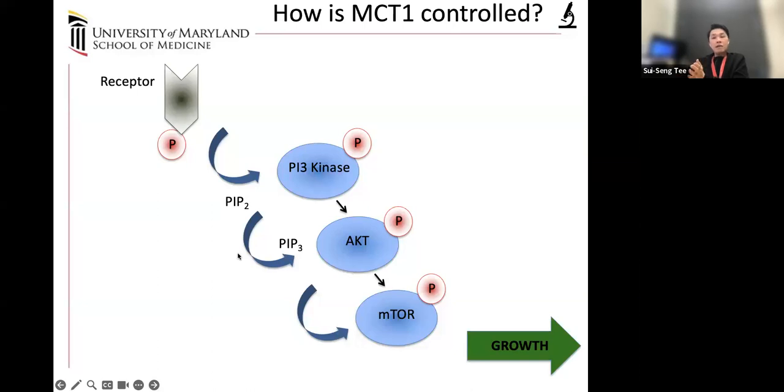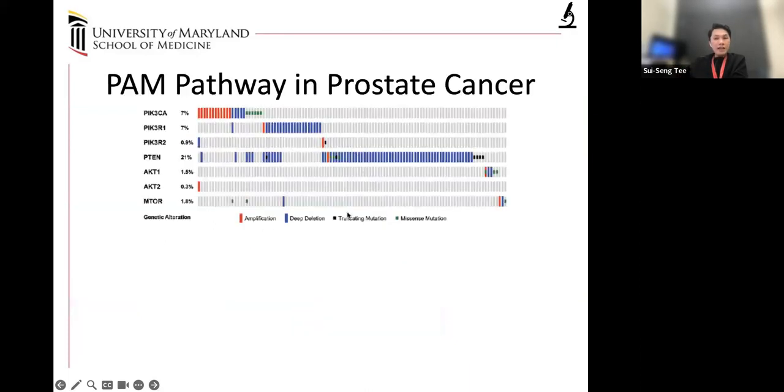Of course, for every go signal, there is a stop signal as well. The stop signal for the PI3 kinase pathway is PTEN. PTEN puts on the brakes to make this signaling cascade stop. So, in prostate cancer, do we actually see mutations in this pathway? The answer is yes.